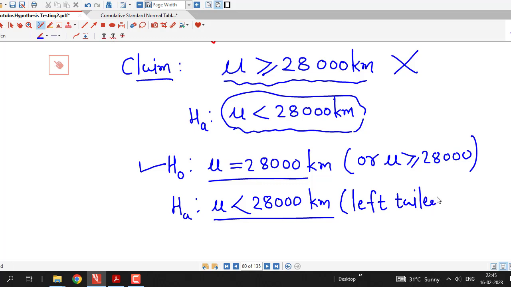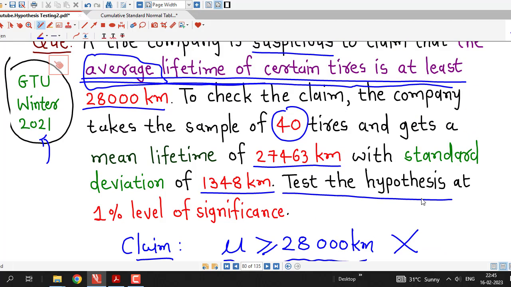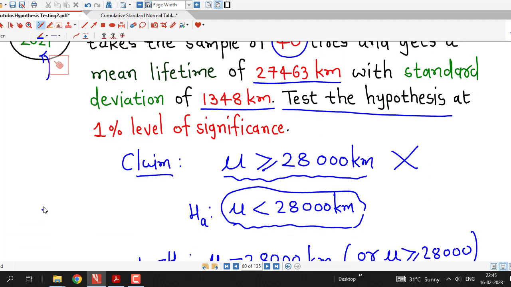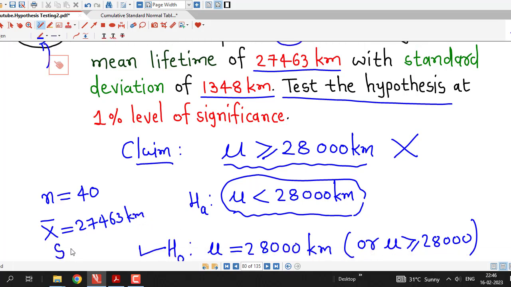a left-tailed hypothesis test. And for this, the company has taken a sample of 40 tires, and the company finds the mean lifetime of these 40 tires is equal to 27,463 km, and standard deviation for this sample is 1348 km.